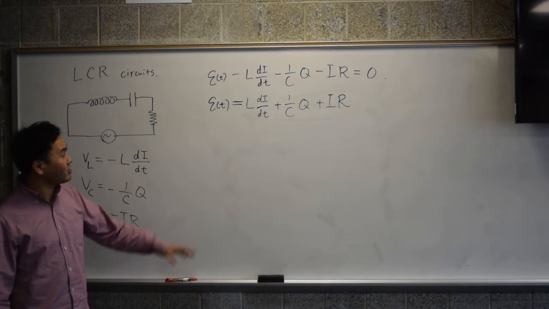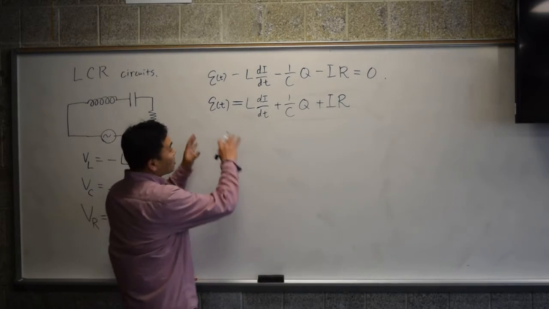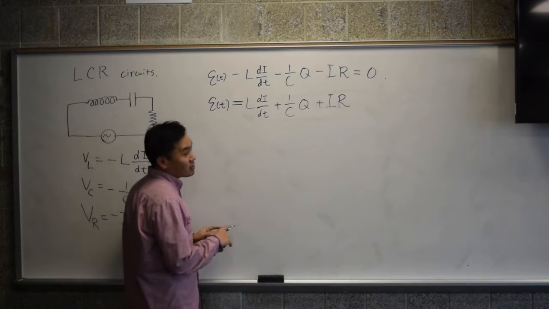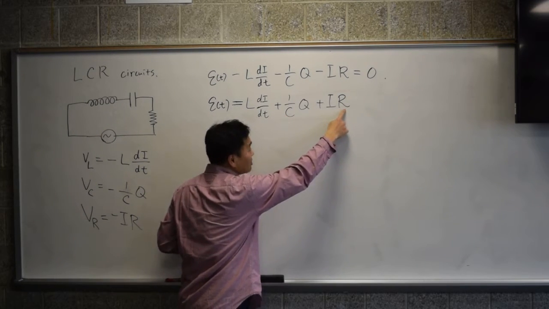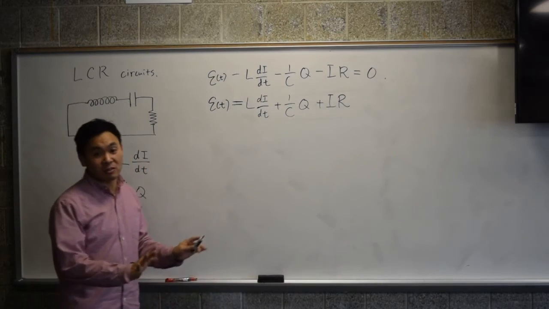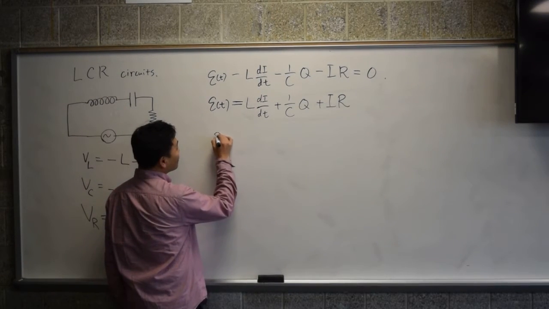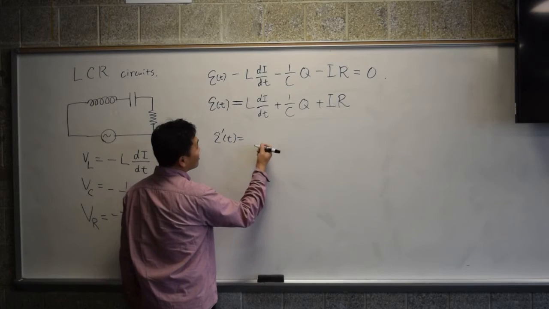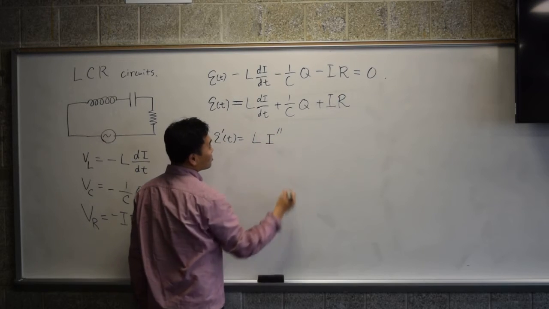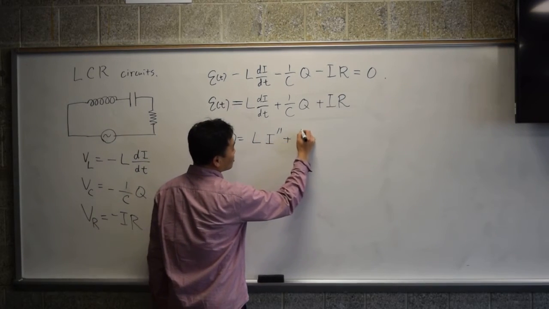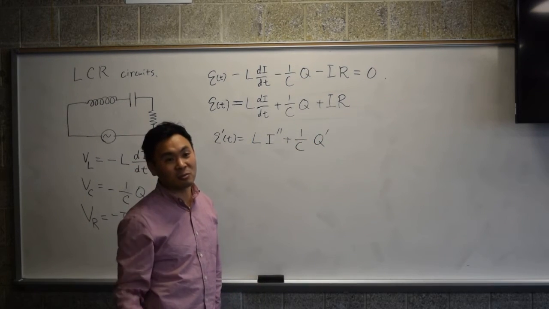And in order to make this a differential equation for a single function, what we do is differentiate everything. And when we differentiate, we're going to assume that the inductance, capacitance, and resistance, these values L, C, and R, are constants. So we don't have to use any product rule or anything. So let's differentiate it. This is L, and this is a single derivative, so it's like two derivatives. And then 1 over C, what's the derivative of Q?